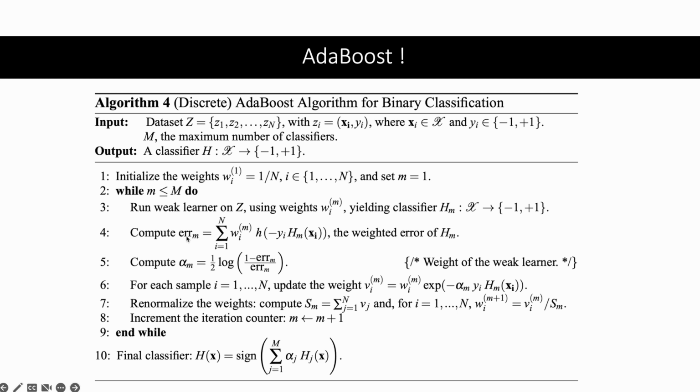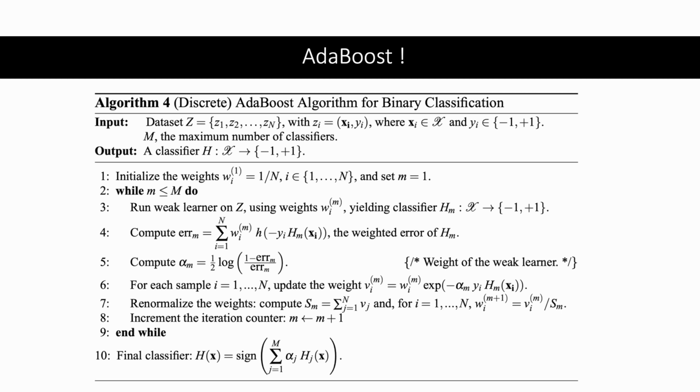The first thing we are going to calculate in step 4 is to compute the error with model m. How are we calculating error with model m? We are summing the individual weight of the observation. Let me write it down over here.